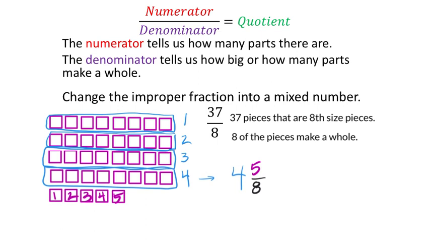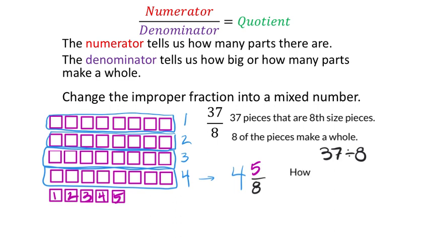But since we're looking at this, it's 37, and let's change this back into a division problem, so we can relate it to division, which is what we're trying to do. 37 divided by 8. So we can put this into context as well.